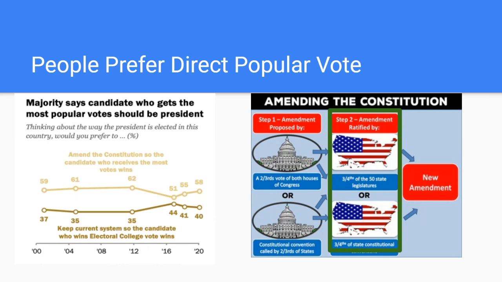Because the states are part of the amendment process, an amendment would be needed to abolish the electoral college and switch to direct popular vote. It's not likely that this is going to change anytime soon, despite the fact that a majority of Americans really support moving away from this very complicated, confusing presidential election system.